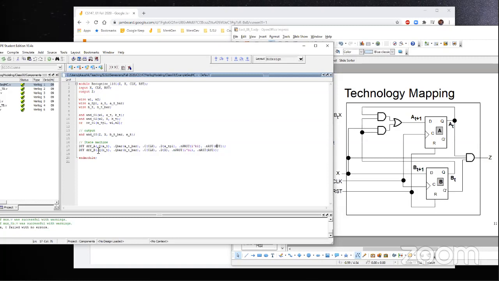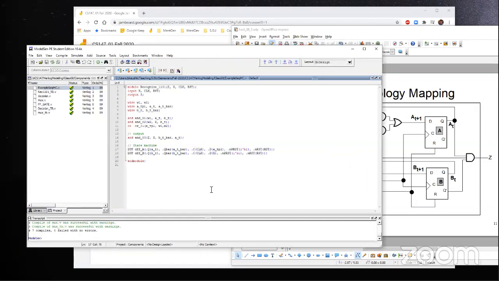Similarly, for the next flip-flop, I have these connections with the BT bar, clock, and X going into D according to this circuit, with the preset staying at logic 1 and reset fed from the input of this circuit. And then, questions so far on this implementation?